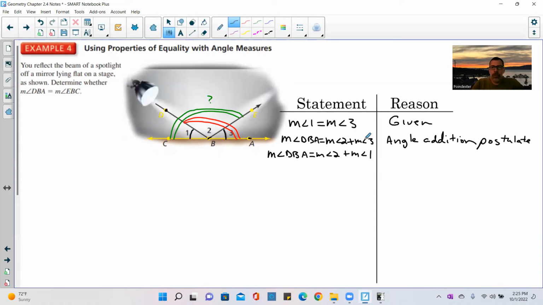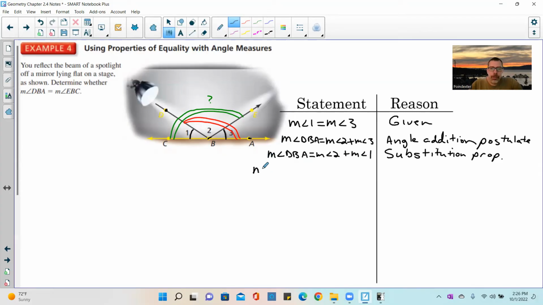Well, angle 1 equals angle 3, and here's an angle 3, so the measure of angle 1 can replace the measure of angle 3. So that is the substitution property of equality. I'll just shorten it with substitution property. So that now we are saying the measure of DBA equals the measure of angle 2 plus the measure of angle 1.